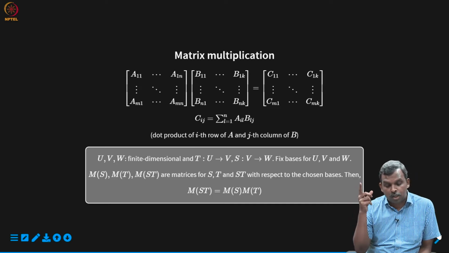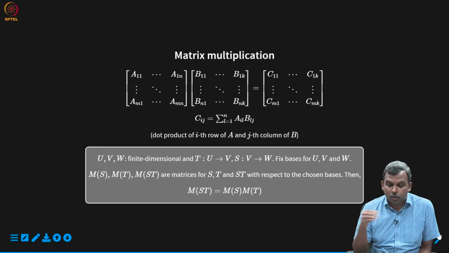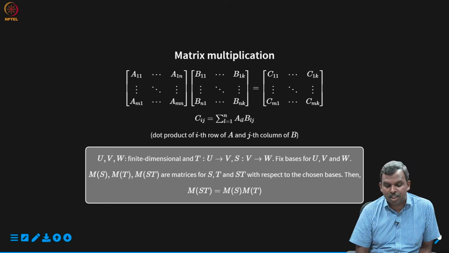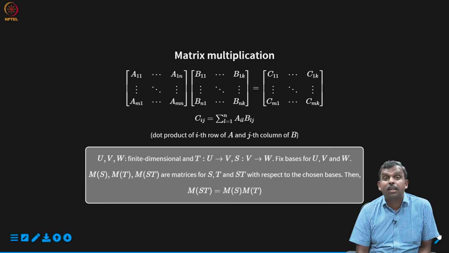ST goes from U to W. Then it turns out if you define matrix multiplication in this fashion, the matrix corresponding to ST becomes equal to the matrix of S times the matrix of T. So in fact, this is the reason why matrix multiplication is defined in this fashion.